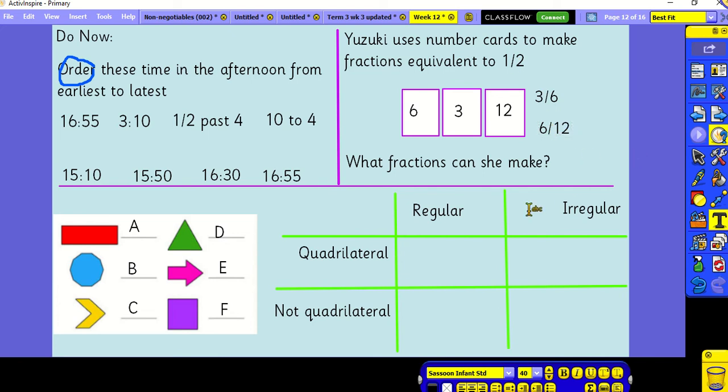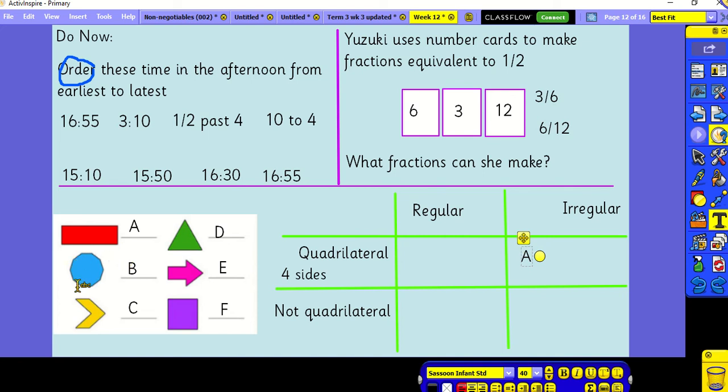And looking at these shapes, regular means all of the sides are the same length. Irregular means they are not. Quadrilateral means 4 sides. Not quadrilateral means not 4 sides. So, A is irregular, quadrilateral.